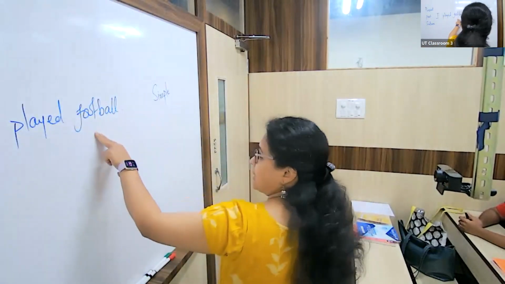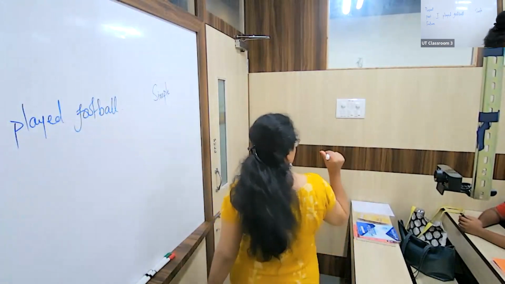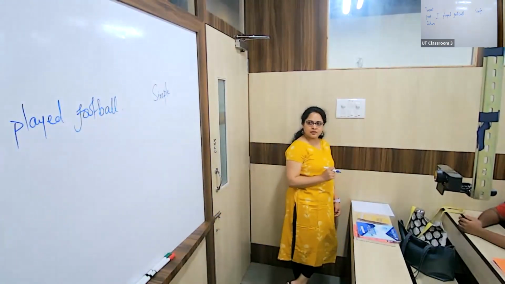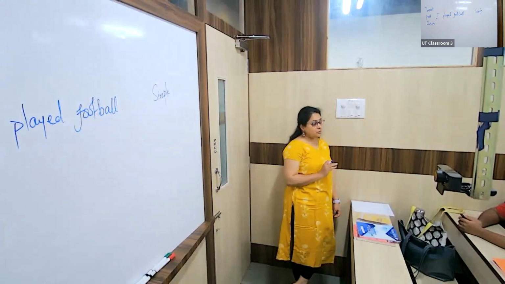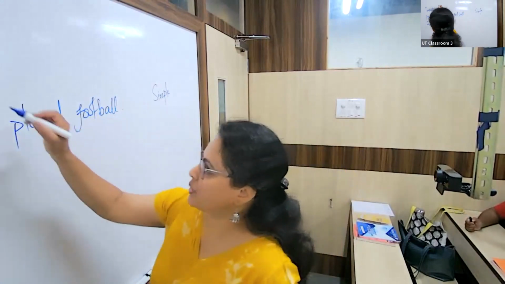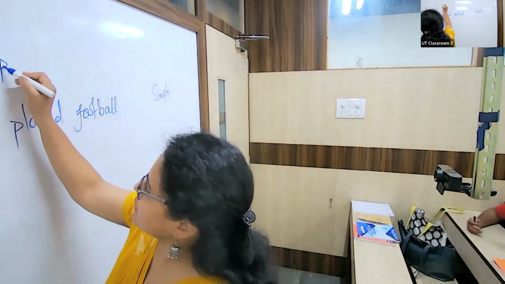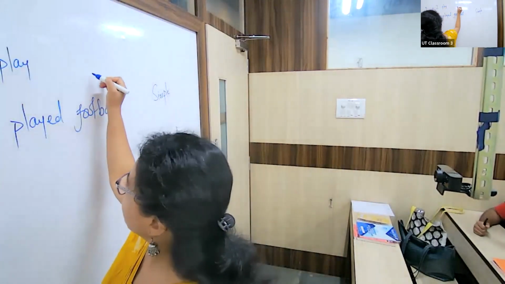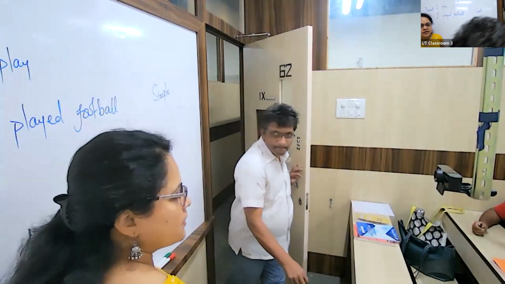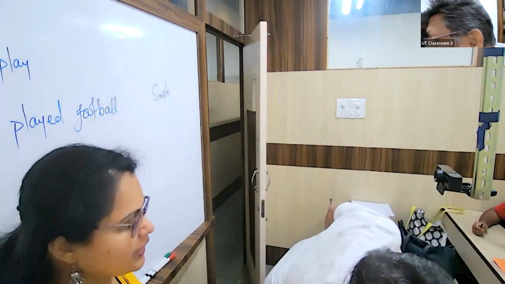So this is simple past tense. What will be the simple present of this? I play football. Only I play football. Okay? And what will be the future? I will play. Will play. That's it.